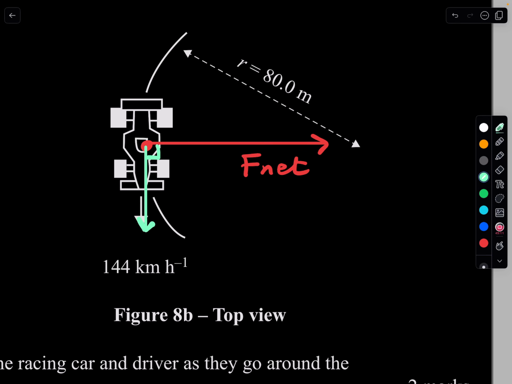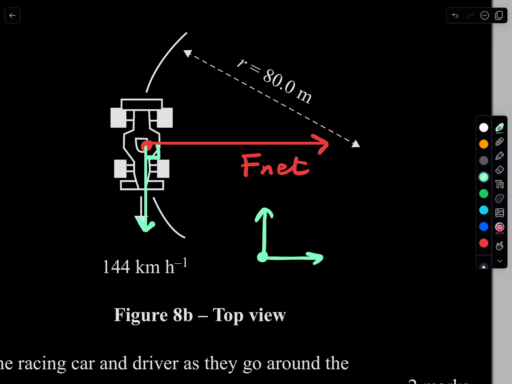We need that centripetal force, that F net, to be perpendicular. This is what changes the direction of the car. So when the car is here, the net force is going to be up. It's always that overall centripetal force changing the direction of motion of the car. That's why we need that F net in the horizontal direction.